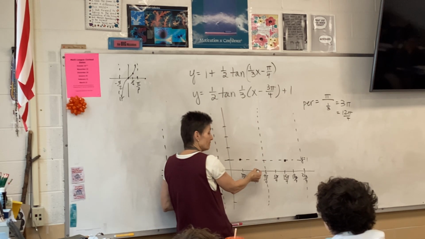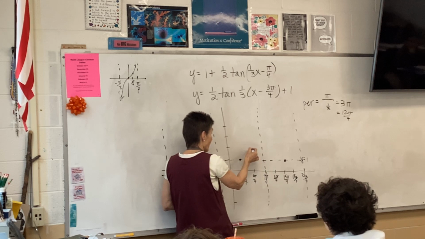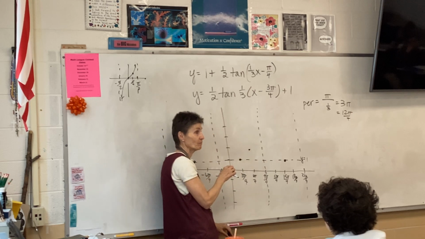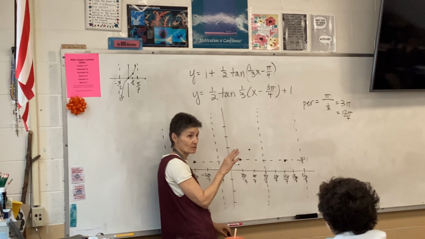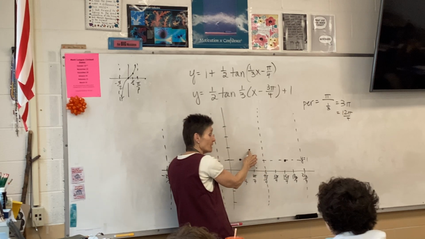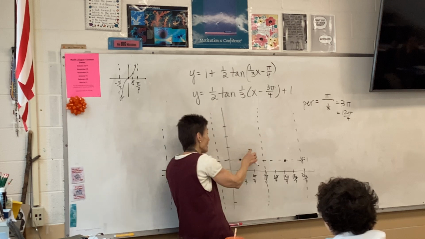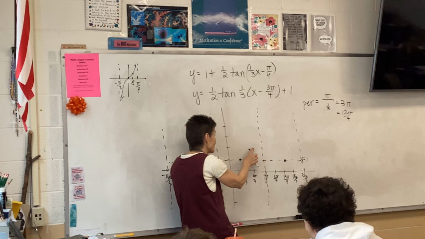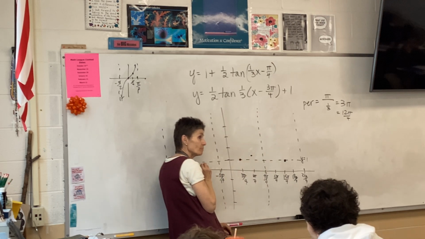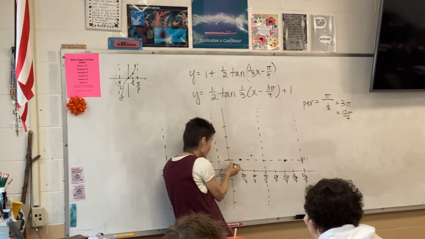Halfway in between the dot and the asymptote, I should have a point that is exactly 1 above my point of inflection, right? That's normal tangent. Halfway in between, which should be right here. But because of that 1/2, that point isn't going to be 1 up, it's only going to be 1/2 up. And on the other side, it's going to be 1/2 down.